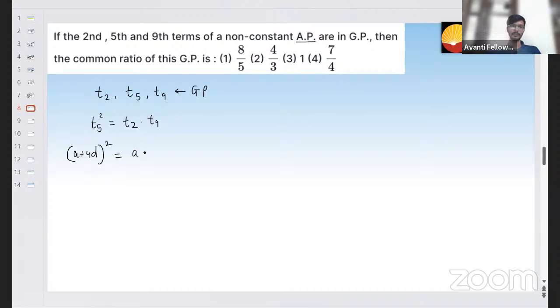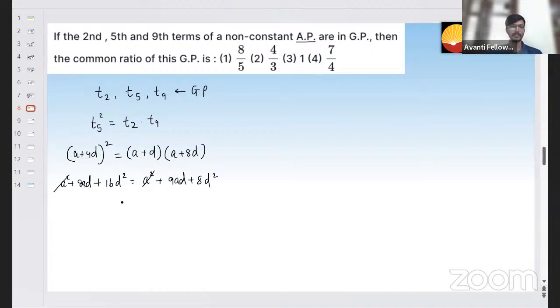T2 is A plus D, into A plus 8D. So let's open the brackets. I'll get A square plus 8AD plus 16D square equals A square plus 9AD plus 8D square. So I think A square will get cancelled.